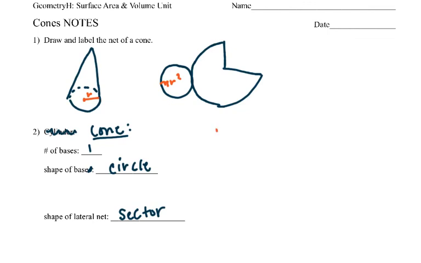Now the lateral area: this length of the sector is actually the circumference of the base, right? Because we unravel it from the base and it fits around the base perfectly. So the circumference is 2 pi r.